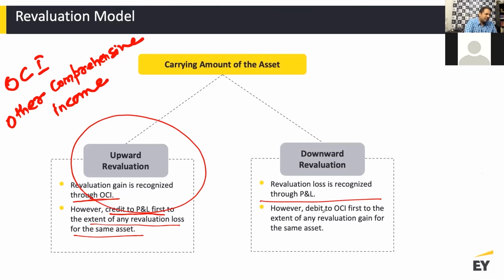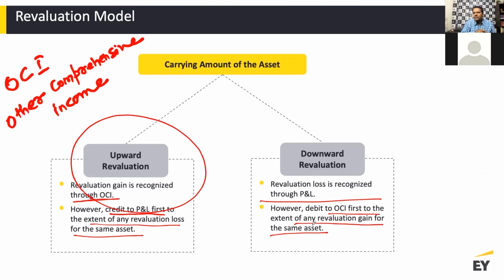The debit goes to OCI first to the extent of any revaluation gain for the same asset. So now let's say previously we have recorded the gain in the OCI, and now there is a decrease in the value. That decrease is also first recouped from the OCI. So it just follows a very intuitive principle, right? Increase in value goes to OCI.